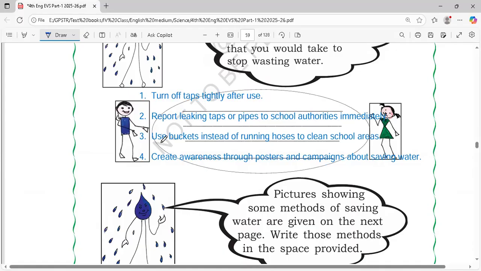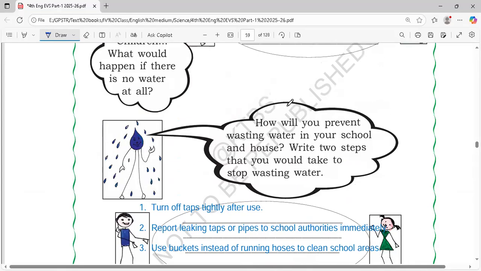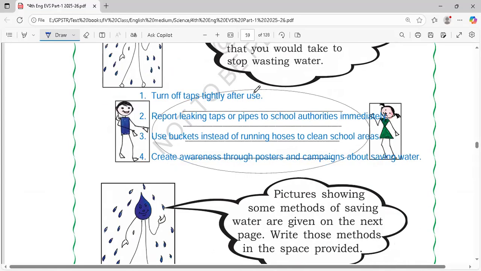Yes. Next, use a bucket instead of a running hose to clean school areas. Create awareness through posters and campaigns about saving water. These are some activities by which we can control wasting water in our school and in our locality.